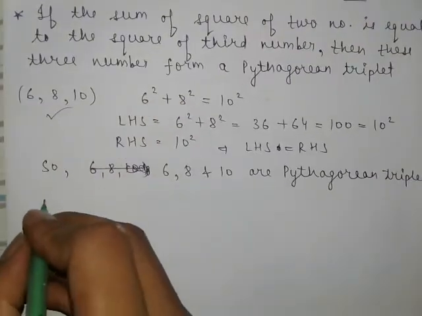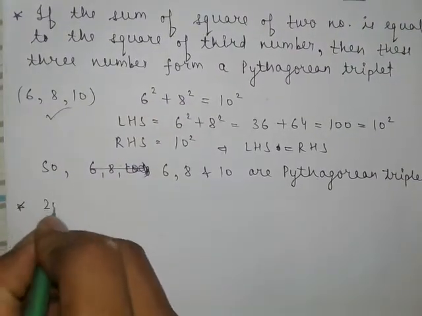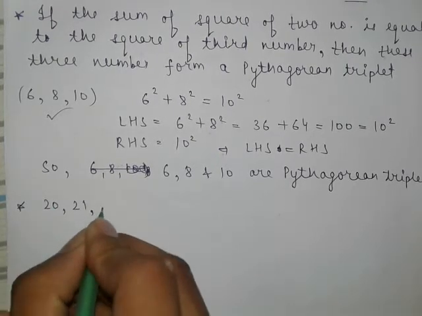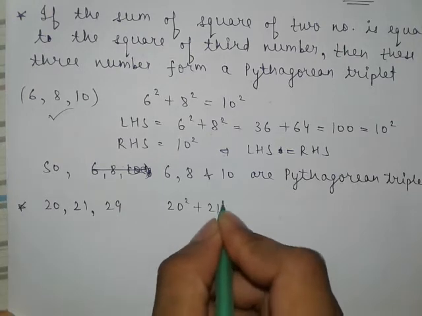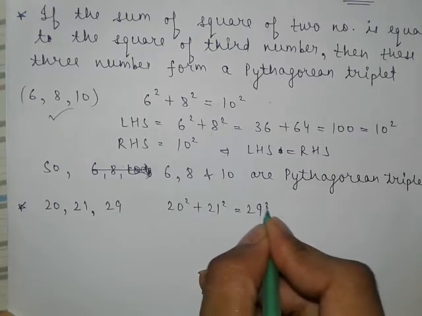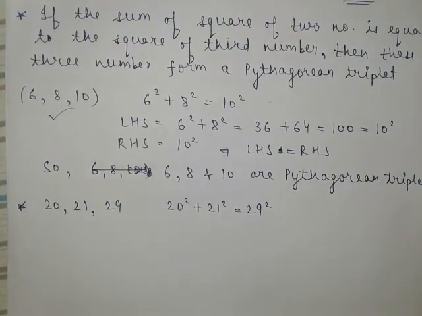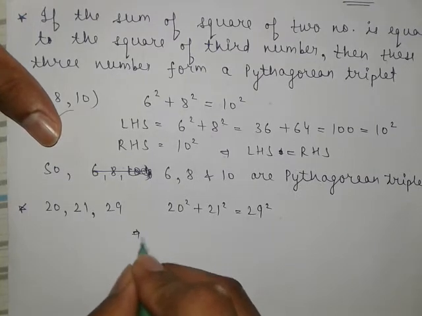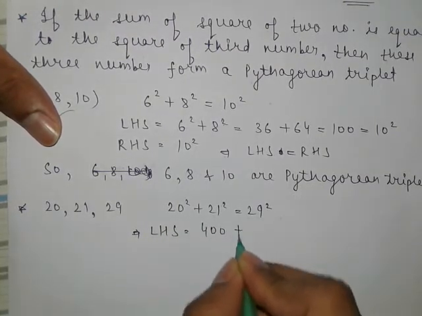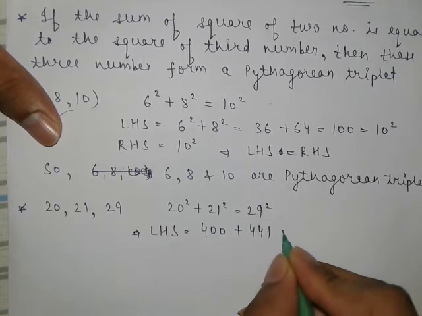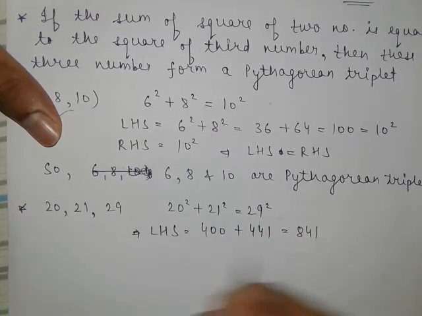Let us take another example, 20, 21 and 29. So 20 square plus 21 square should be equal to 29 square. The sum of the squares of the two smaller numbers should be equal to the square of the third number. So the LHS will be 20 square is 400, 21 square is 441, so it will become 841.